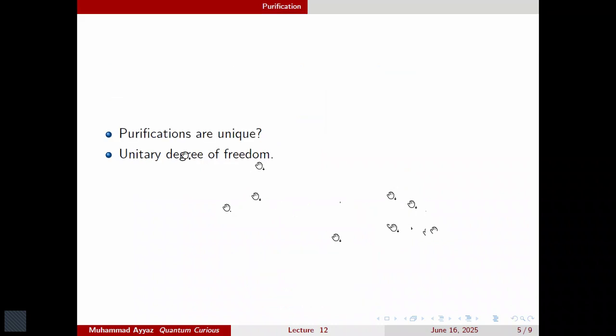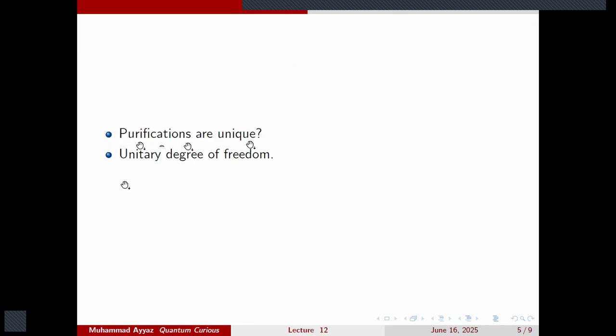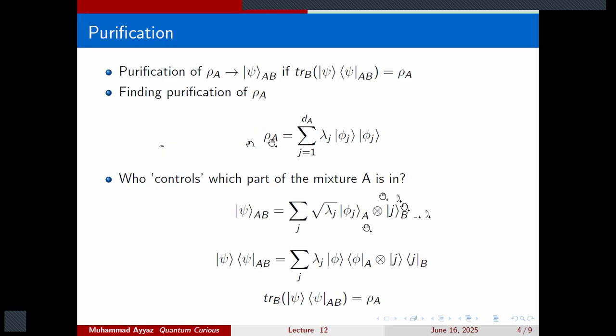So another question is: are purifications unique? In other words, can we build the purification of state rho A by introducing a basis other than the standard basis? The answer is yes, and we have the unitary degree of freedom, because the orthonormal states of system B should be unitarily related to each other.